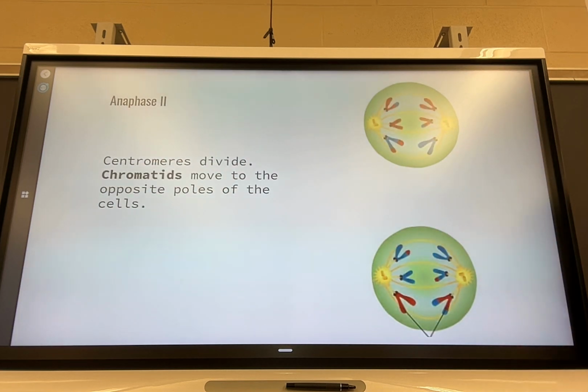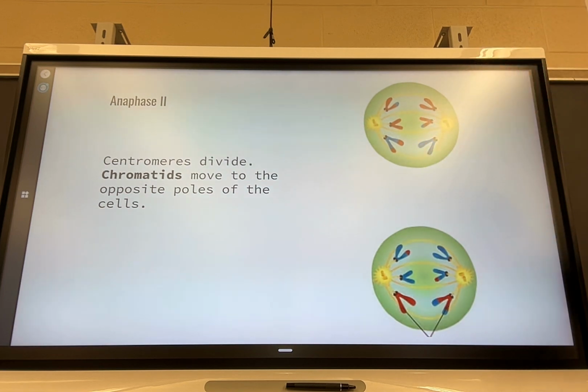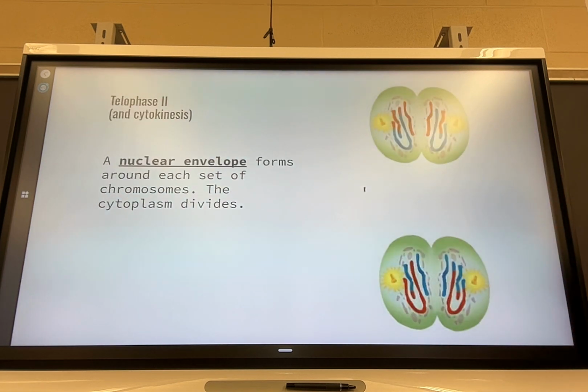And this is going to be very similar now to mitosis. In anaphase 2, we are dividing our chromosomes into their individual chromatids. And they're going to move towards the poles, as we've seen before. And finally, telophase 2 and cytokinesis are going to split our cells into 4 new daughter cells.